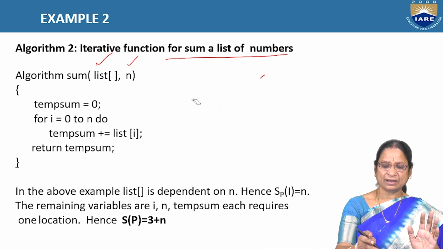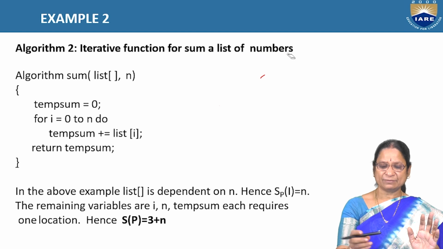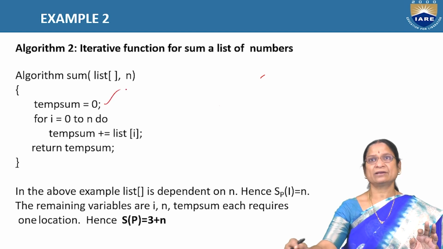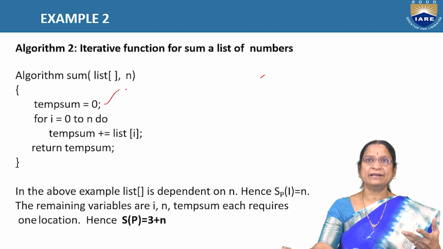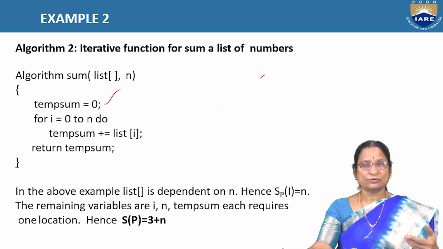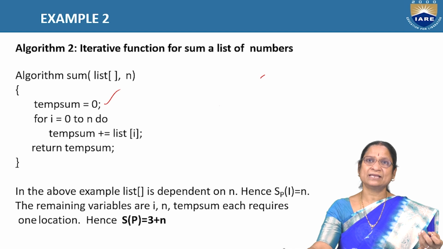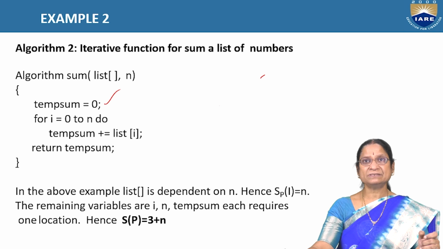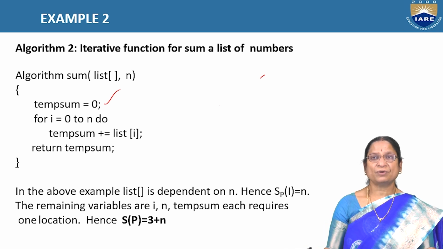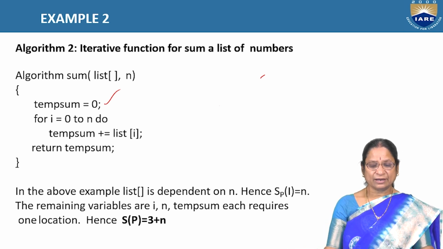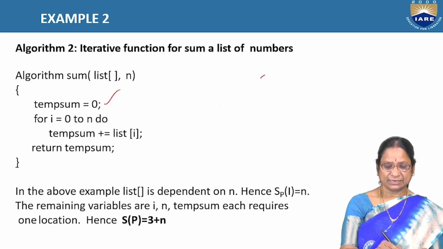Now, what are we using? The sum variable. Initially, we make the sum variable 0 because every element we keep adding to this sum variable. When we are updating it by adding, the original value must be there. Otherwise, garbage in memory will be taken the first time, which will give an error. So this is initialization. Temp sum is initialized to 0, for I is equal to 0 to n, temp sum is repeating.